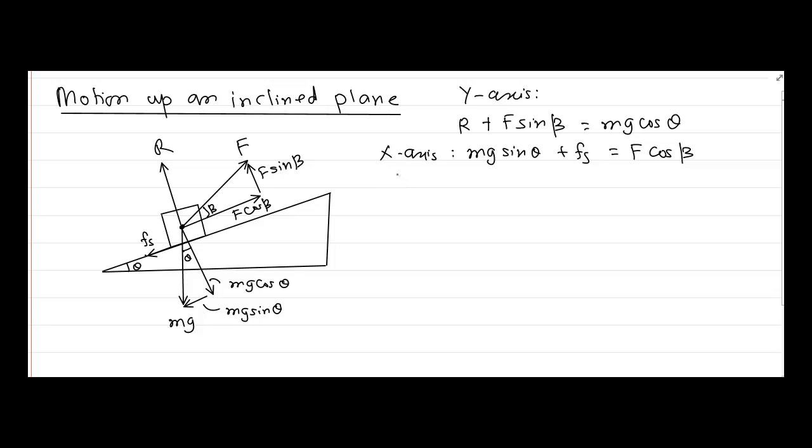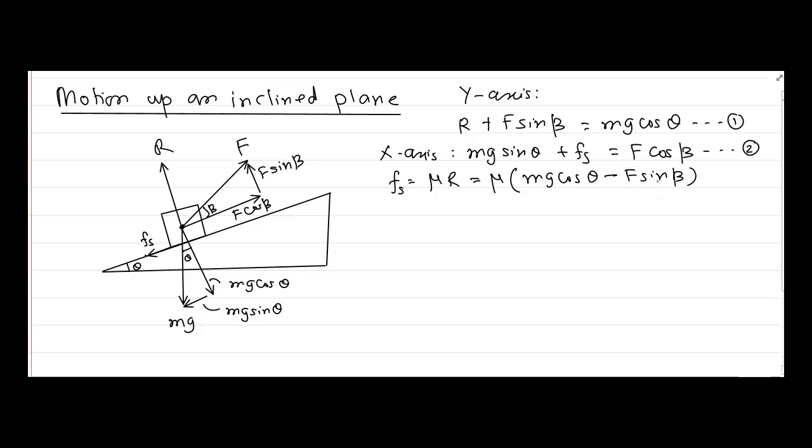Now we know that the frictional force Fs is equal to mu into R. That will be equal to mu into, if I take the value of R from equation 1, let's call this equation 2, and put it over here, mu into mg cos theta minus F sine beta.